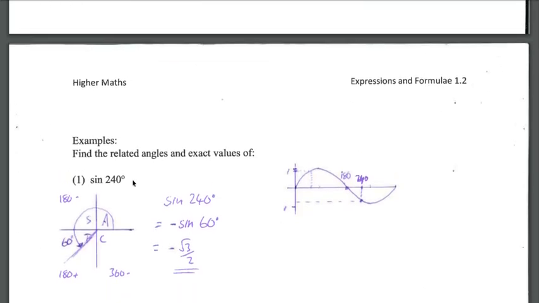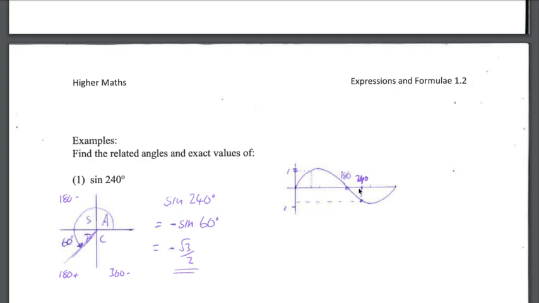So here we're going to do the sine of 240 degrees. So looking at the graph here, there's a sine graph. So 240 degrees is 60 degrees past 180 degrees.